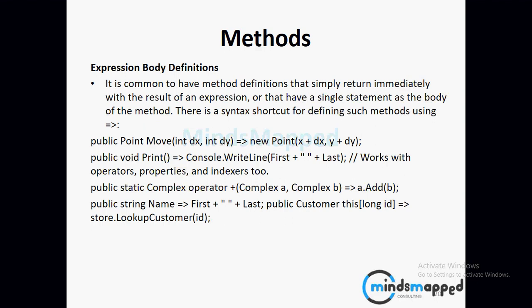By default, here they show the example of an expression body definition. It is common to have a method definition that simply returns immediately with the result of an expression, with a single statement as the body of the method.